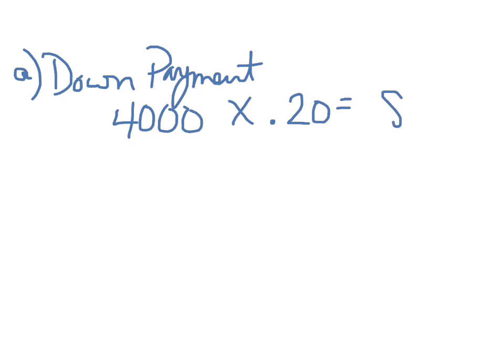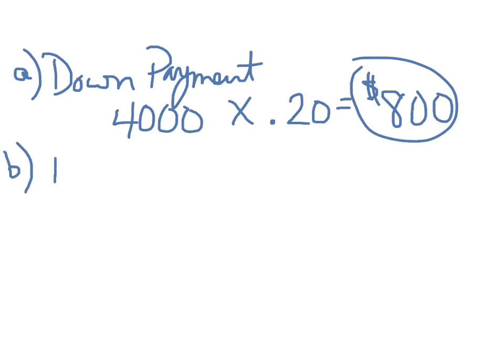$800. So part A wanted you to tell me $800. Part B says, how much is being financed? As far as the finance goes, if I make a down payment, what does that do to my original principal? Does it add to it or subtract from it? Subtract.